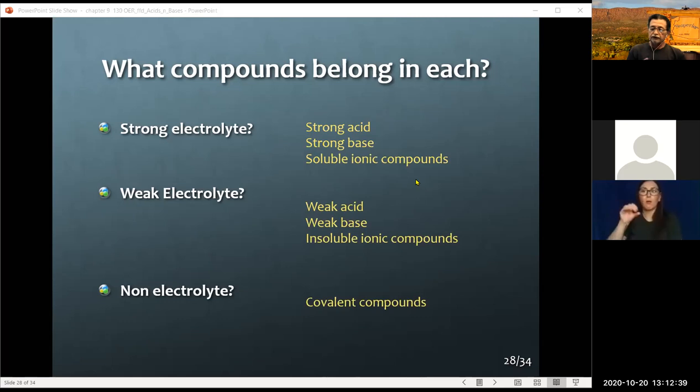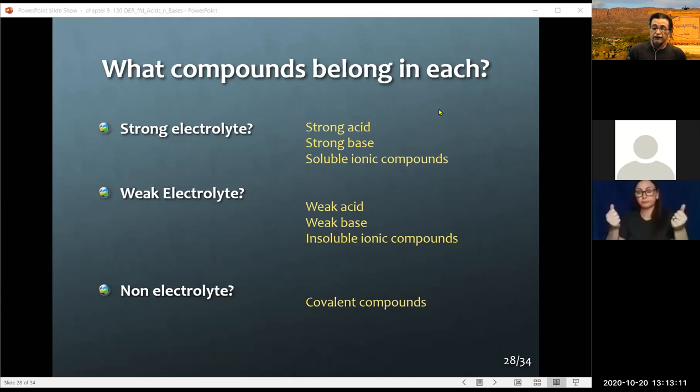Okay, and soluble meaning using the solubility table to define whether an ionic compound is soluble. So what this means is this: being a strong electrolyte, which is a strong acid or strong base, when you write them as ions, they're 100% dissociated. Okay, 100% dissociated.